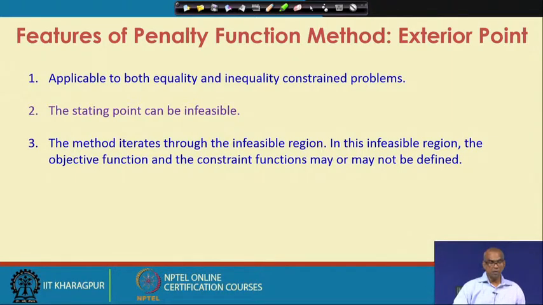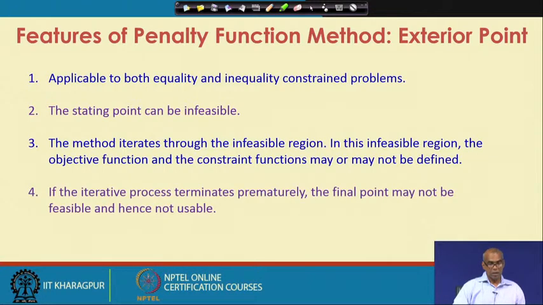In this infeasible region, the objective function and the constraint functions may or may not be defined. If the iterative process terminates prematurely, the final point may not be feasible and hence may not be usable.